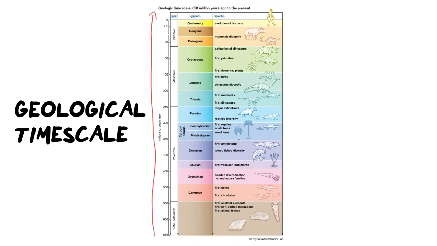Now, when it comes to the occurrences in each of these, first of all, we need to look at the eras, which are these sections over here. And basically, the eras refer to the major life organisms and stage of Earth at the time.